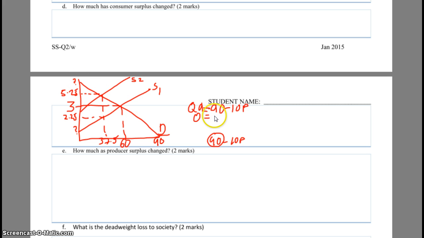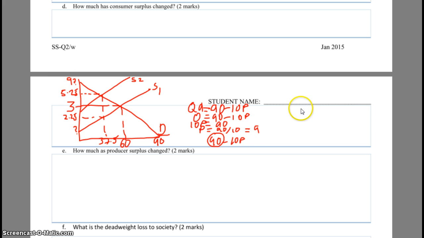So 90 minus 10p, we add 10p to both sides, leaves 90, which means 90 divided by 10 is equal to the P-intercept. Okay, so that equals 9.